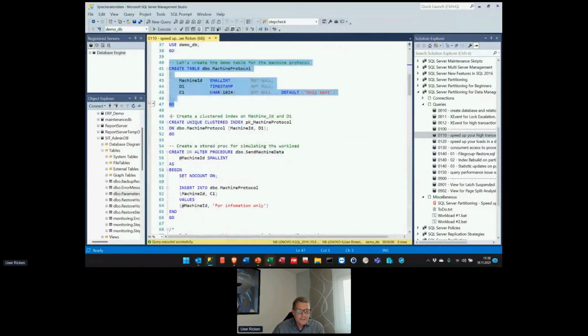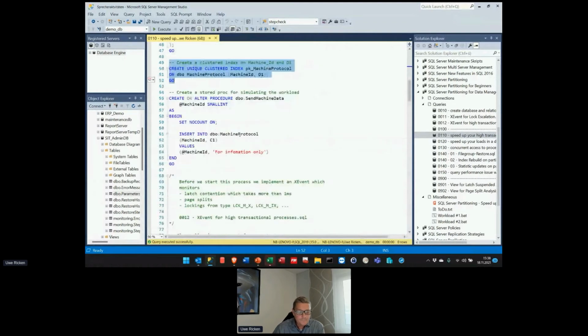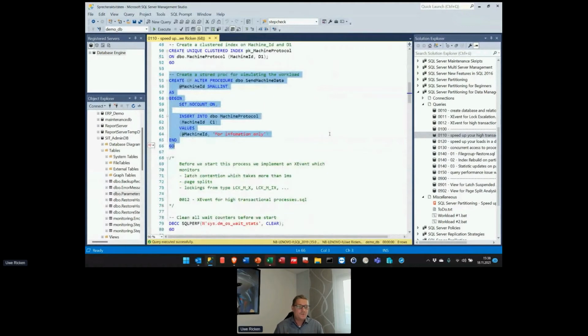Then I create exactly the same clustered index on this table, on the machine ID and on the date column. And this here is a very primitive and simple stored procedure doing a very primitive job. I hand over a machine ID, say please push the data for this machine, and then I try to push as much data as possible for this dedicated machine into the table.